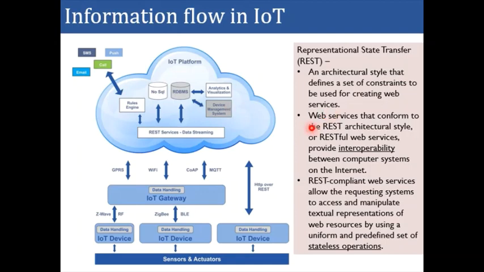So the web services that conform to the RESTful architecture, or the RESTful web services, provide the interoperability between the computer systems and the other internet connected devices. The REST compliant web services allow the requesting system to access and manipulate the textual representations of the web resources, that is the data which is being shared, by using a uniform and predefined set of stateless operations.